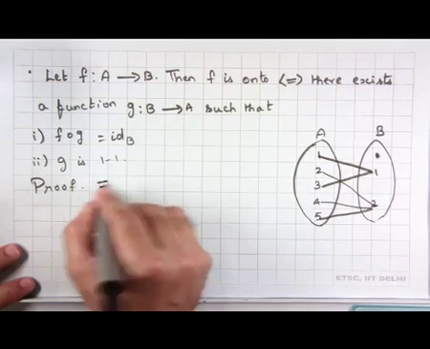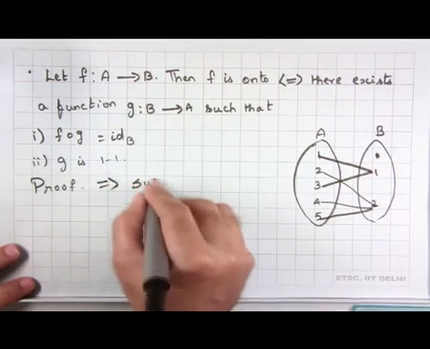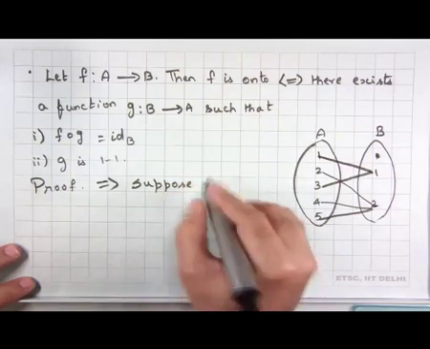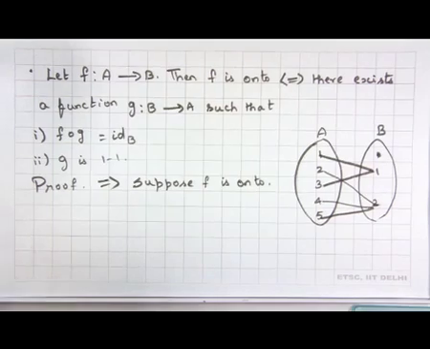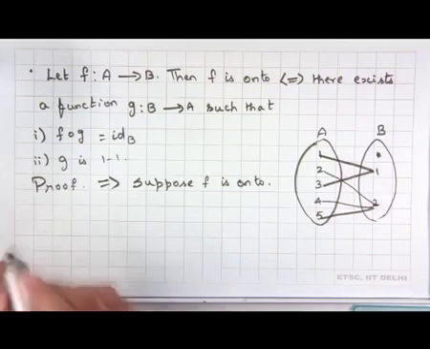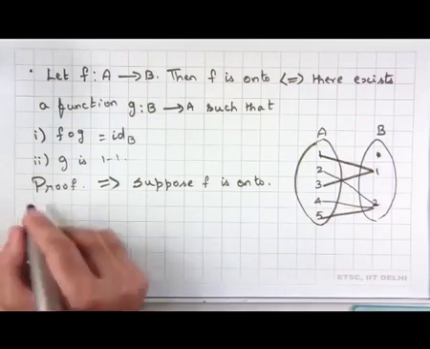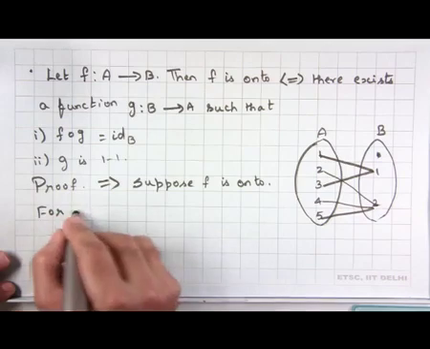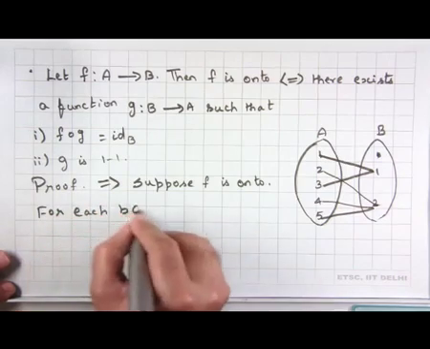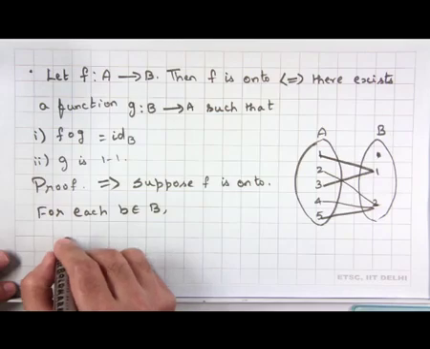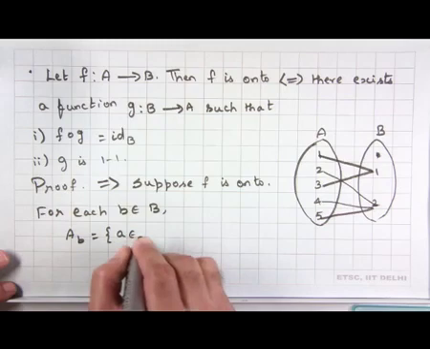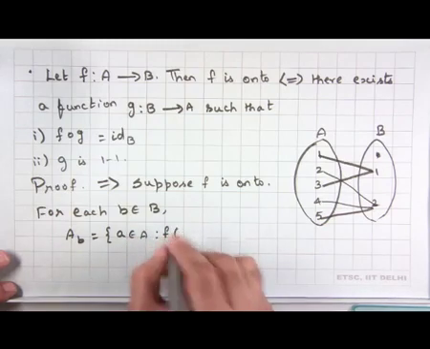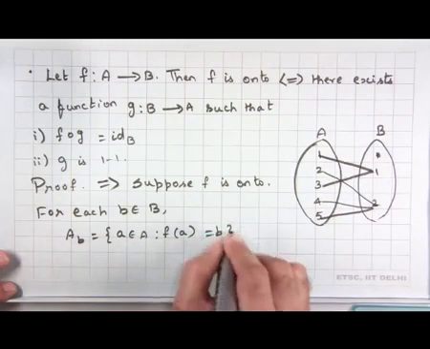So, the forward implication: suppose f is onto. I will have to define a function g from B to A. First observe the following: for each b in B, let me define a set A_b as all those a in A such that f of a is b.